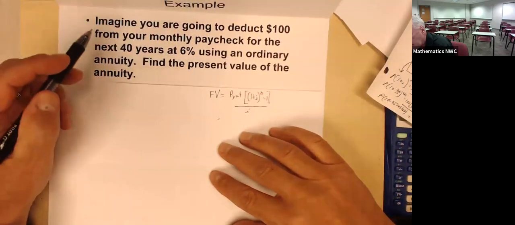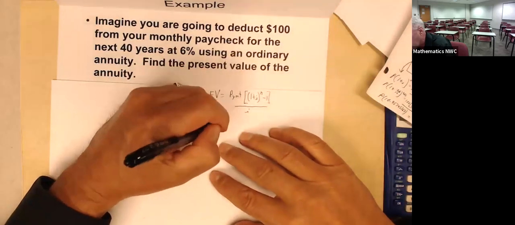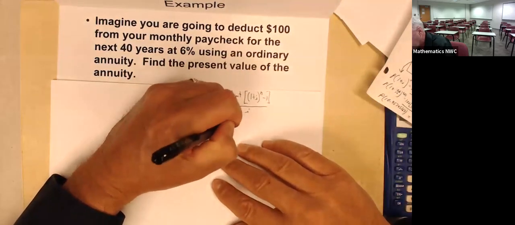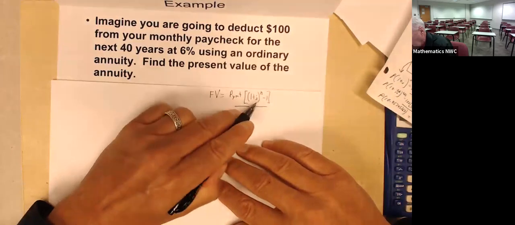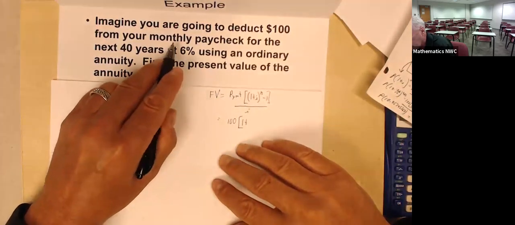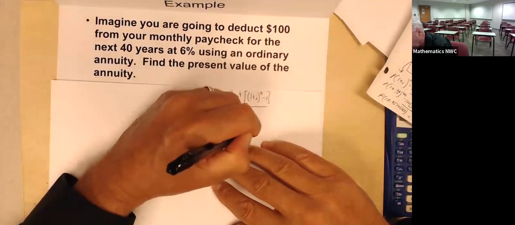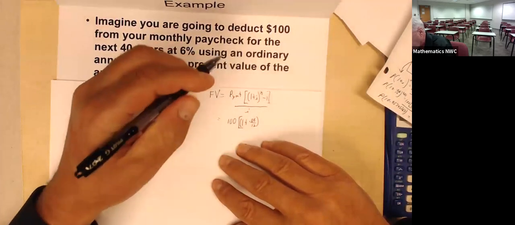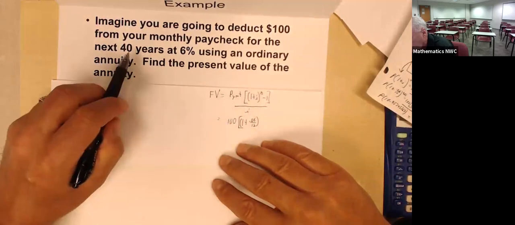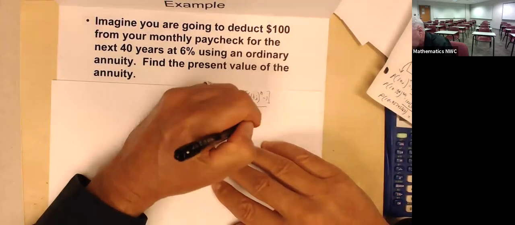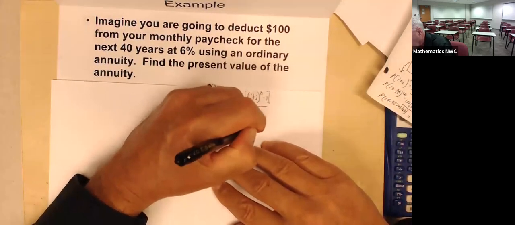My monthly payment in this case was $100 a month. i is going to be 6%. It's monthly, divided by 12, so 0.06 divided by 12. Raised to 40 years times 12, which is 480 months.